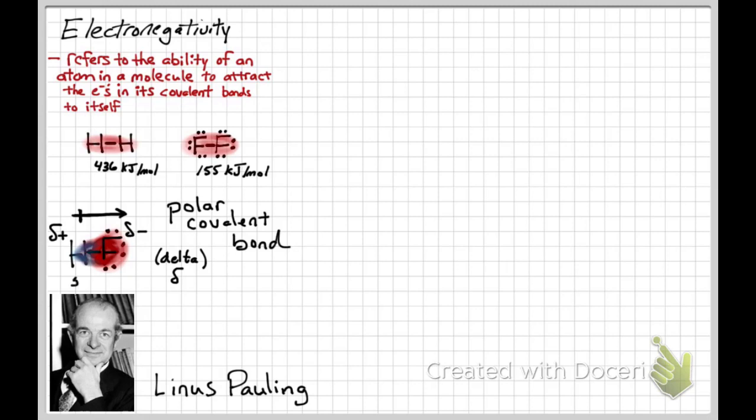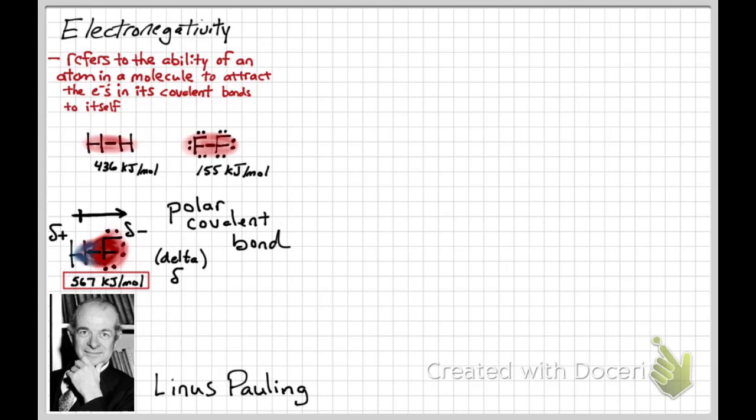But the HF bond is 567 kilojoules per mole. So its bond strength is much stronger than one might predict based on the hydrogen-hydrogen bond and the fluorine-fluorine bond.